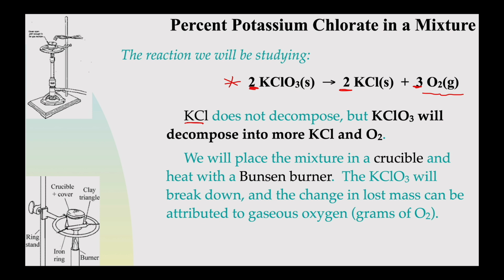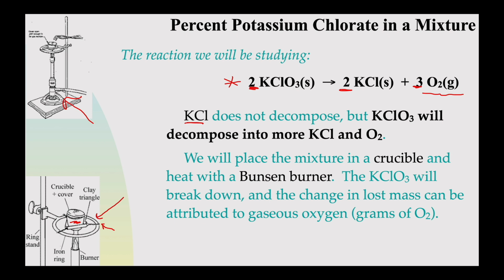It's pretty sweet. So what we would do in this lab is use a Bunsen burner, which is this thing right here connected to a gas outlet, and up on the top we would have a ring clamp, which is that kind of circle thing right there. A triangle sits in the middle of it, and a crucible, which is this thing right here.